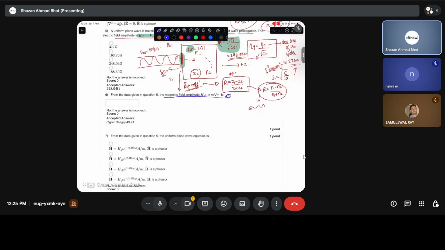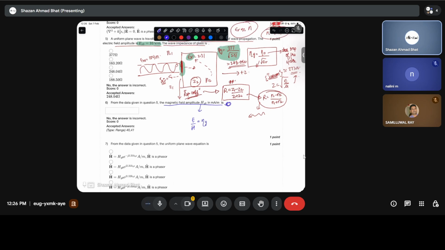How can we use it? We basically have to compute the magnetic field amplitude. We know that the ratio of the electric field amplitude to the magnetic field amplitude gives us the eta g value, which is the intrinsic impedance of the glass.